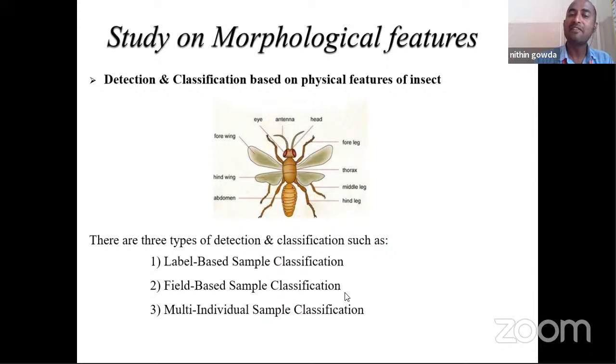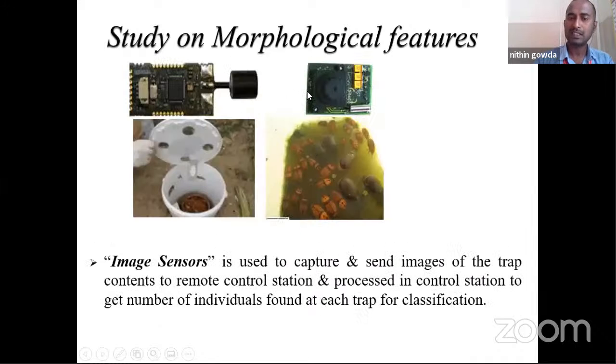These are the three ways to perform classification using morphological features. So you place a camera sensor, an image sensor, inside the trap or device, so that it recognizes the insect that has entered the device and classifies it. You can then increment the count for every individual insect entry.